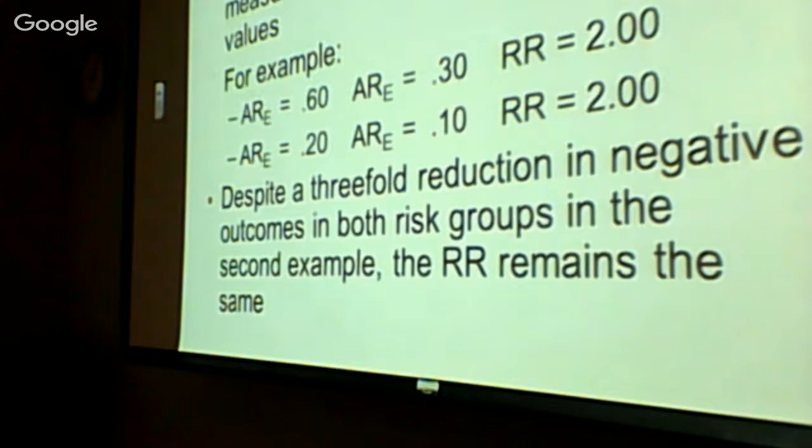Here is a textbook example, which is not as fun as my examples. Here we have 2 scenarios. It doesn't matter what they are. Let's say they're, I don't know, smoking and lung cancer. In this case, the absolute risk in the exposed group is 0.2. The absolute risk in the non-exposed group is 0.1, and so the relative risk is 2, and here it's 0.6 and 0.3.